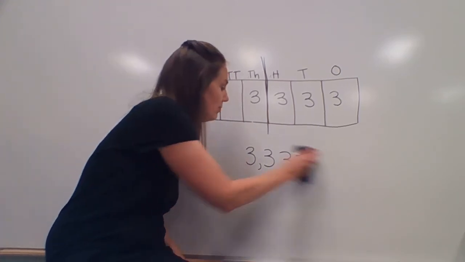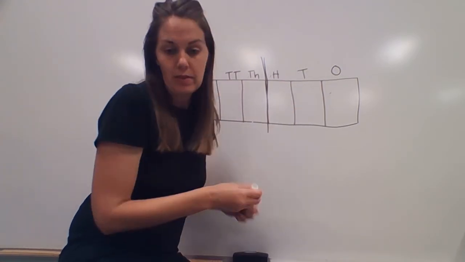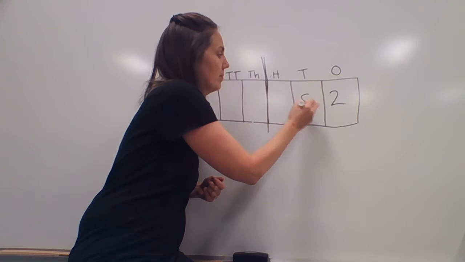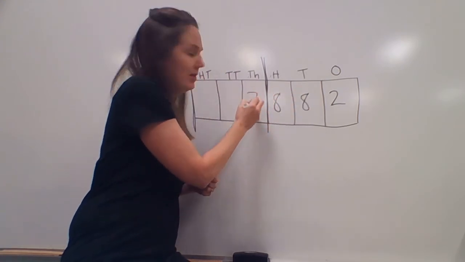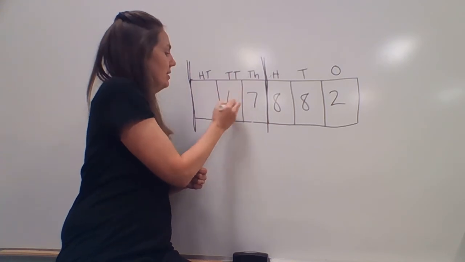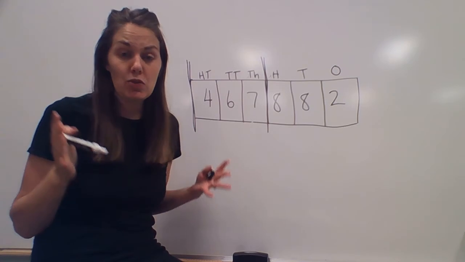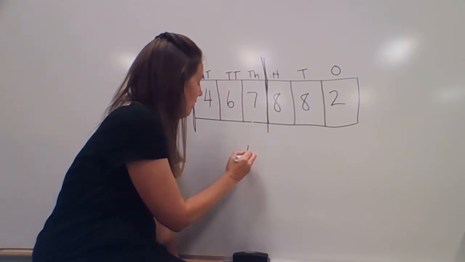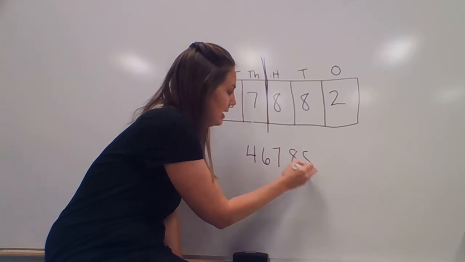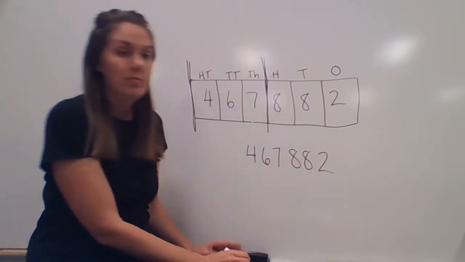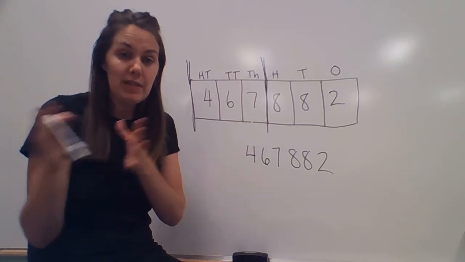So let's go ahead and write out 2 in the ones, 8 in the tens, 8 in the hundreds, 7 in the thousands, 6 in the 10,000s, and 4 in the 100,000s. So if I were to just write out all of the digits, I would have 4, 6, 7, 8, 8, 2. But it's helpful to be able to see them separated by periods.